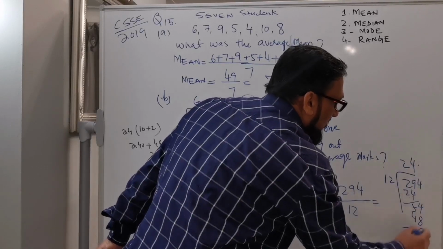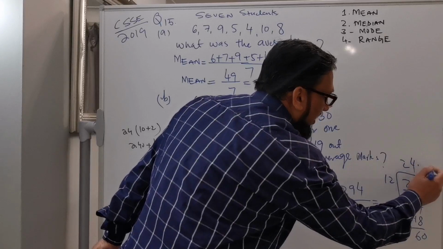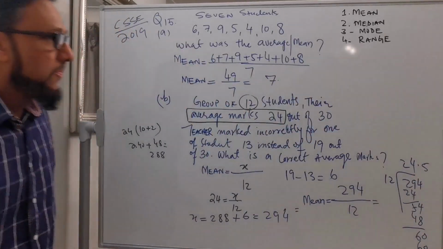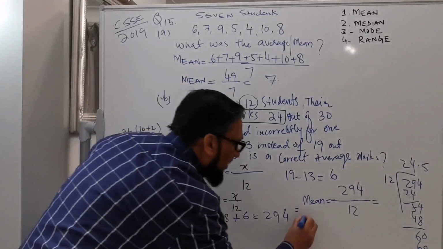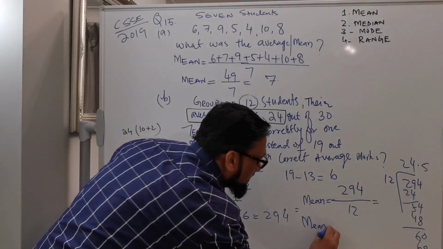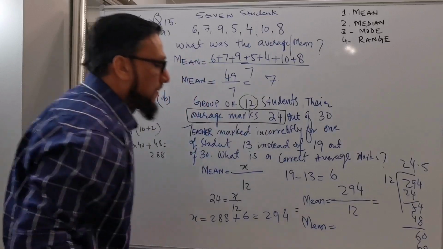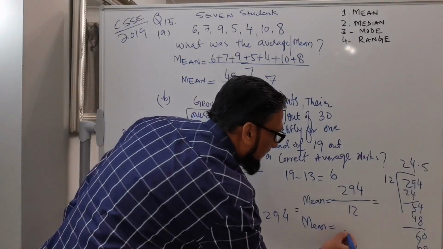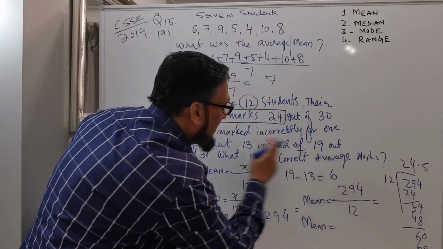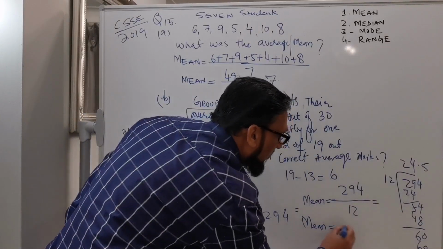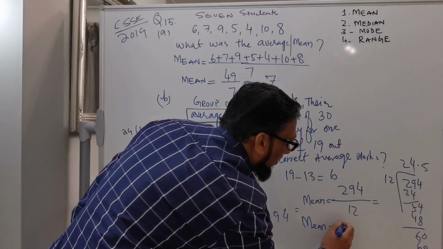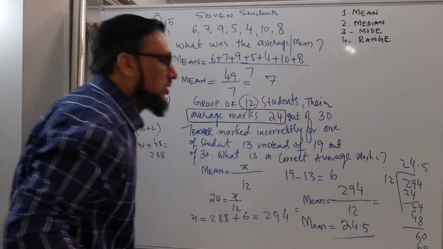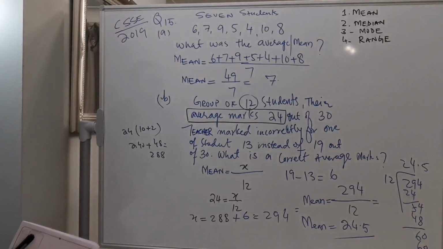The remainder is 6, then you put the decimal and a 0 here. 12 times 5 is 60. So the new mean after correcting the mark, which is 19 instead of 13, is 24.5. So the mean increased by 0.5.